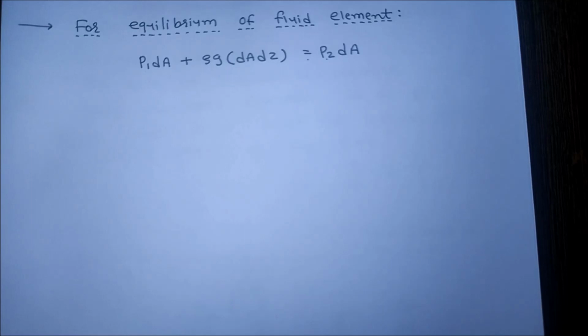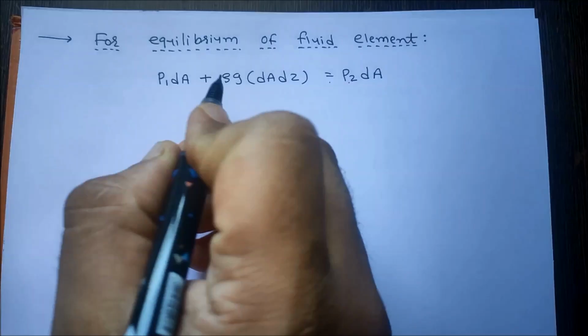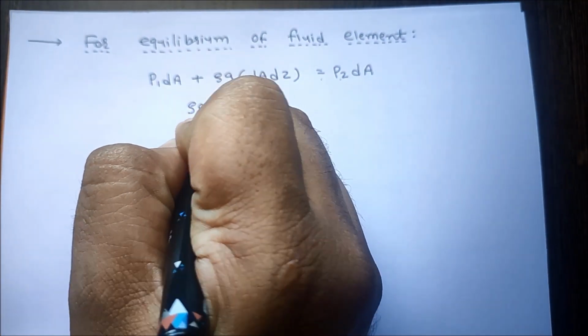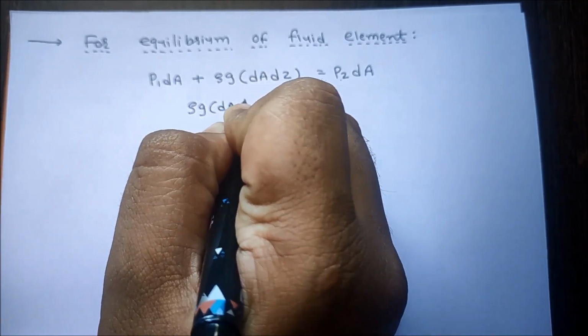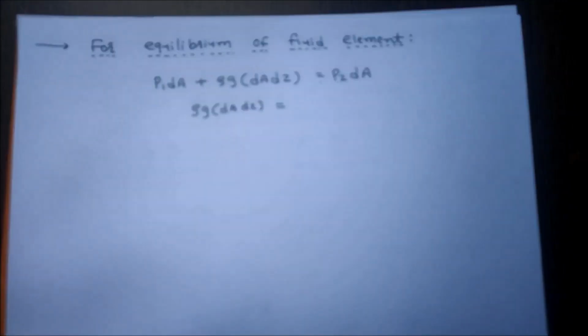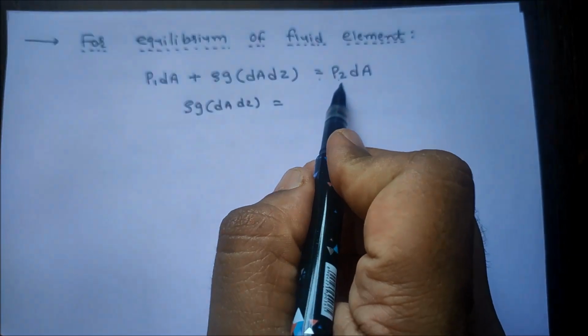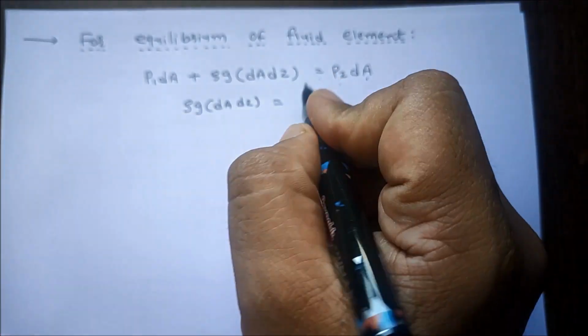So we rewrite this equation as rho g dA dz is equal to P2 dA minus P1 dA.